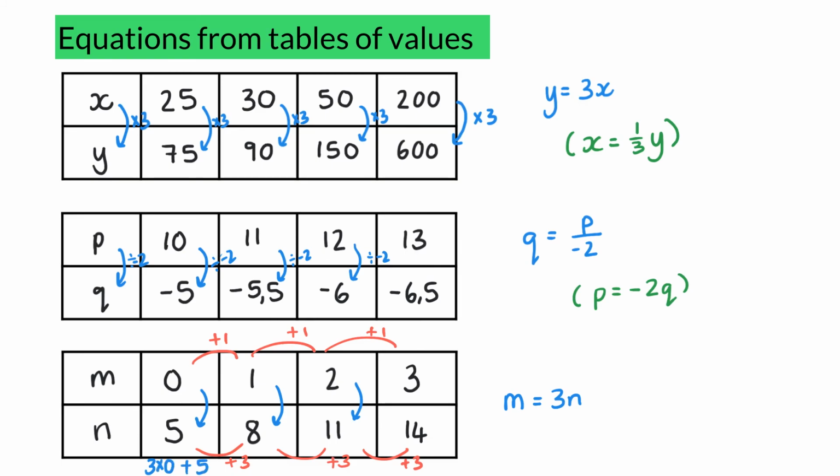Plus 5 gets me to 5. Let's see if that equation works. 3 times 1 plus 5 is 8. Yes, it works. Let's try the next one. 3 times 2 plus 5 is going to be 11. So it seems that my equation does work.